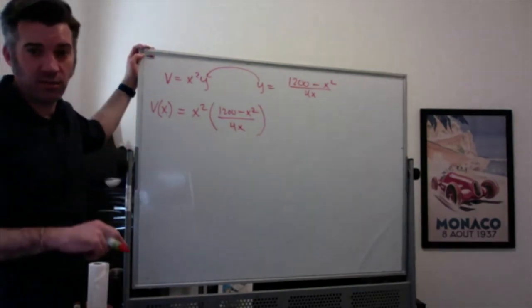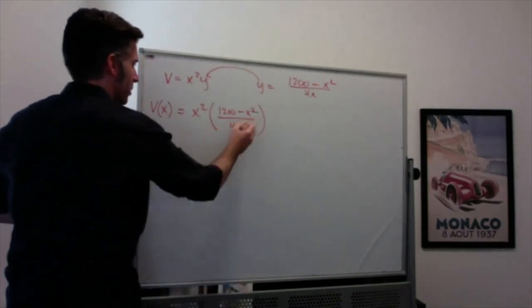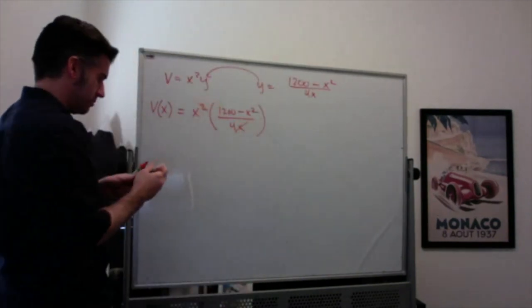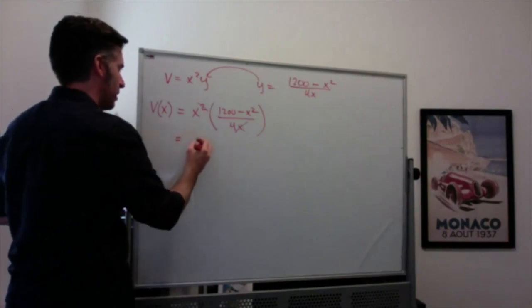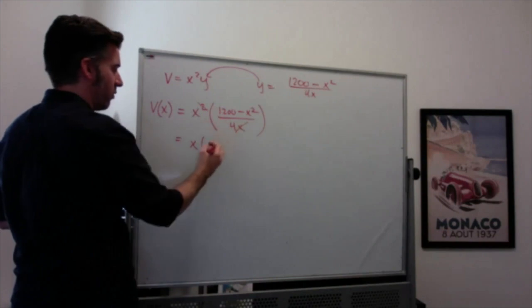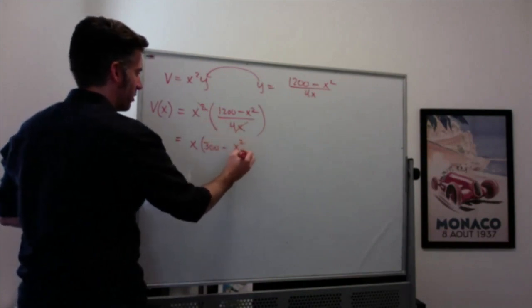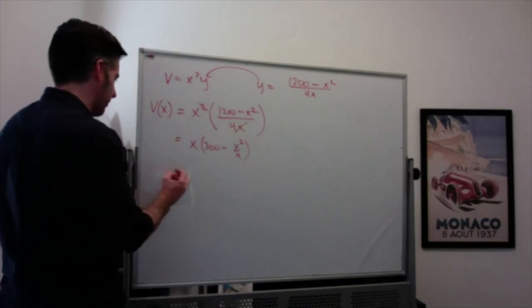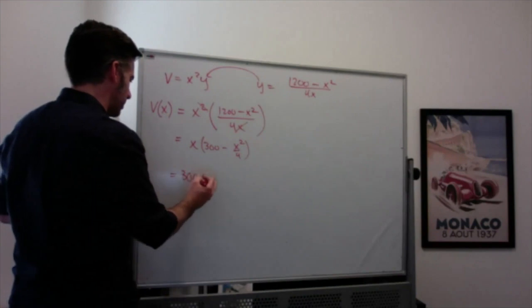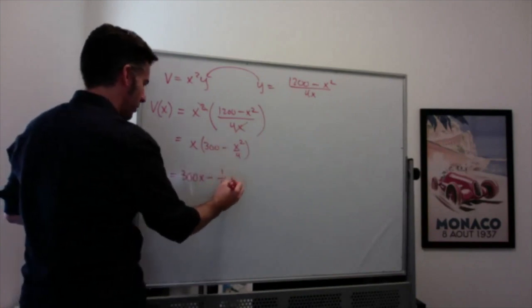And I like waiting for a second because then I can see I can cancel this x with one of these x's. So I can write this as x times 1200 over 4 is 300 minus x squared over 4. And then I can even distribute, and I should distribute if I'm going to have to take the derivative. So my volume is going to be 300x minus x cubed over 4, or 1/4 x cubed.